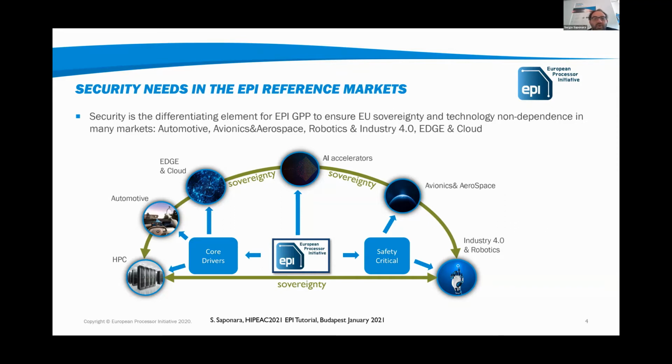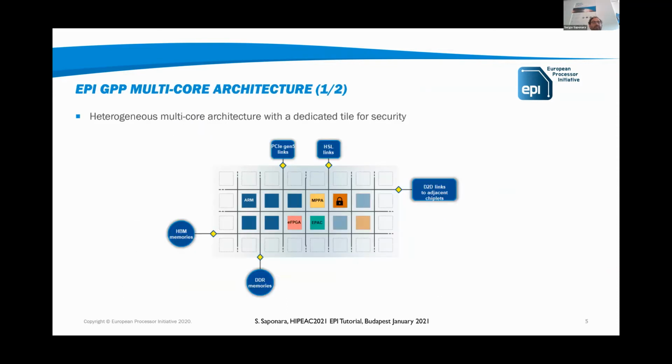So what I'm discussing is foreseen as a programmable and scalable IP, which can be configured in different ways to address different needs. As showed by Denis before, EPI is developing several technologies. We are focusing here on the general purpose multi-core architecture.